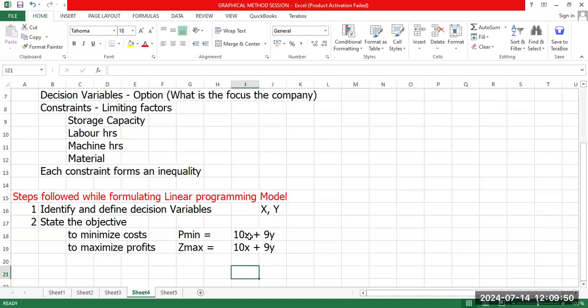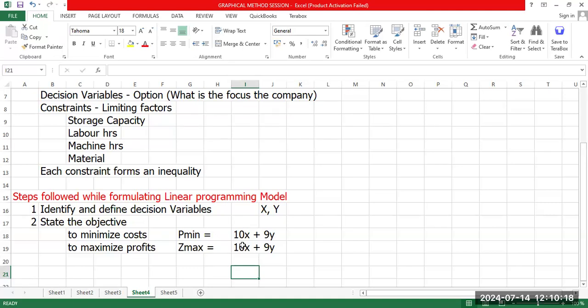Okay, so we are going to be observing our questions. In the question, they will always give you this. They will always give you some figures that can help you to come up with your objective, the same way I'm doing here. They will clearly be telling you maybe they want to earn a profit of this on this product and a profit of this on this product.